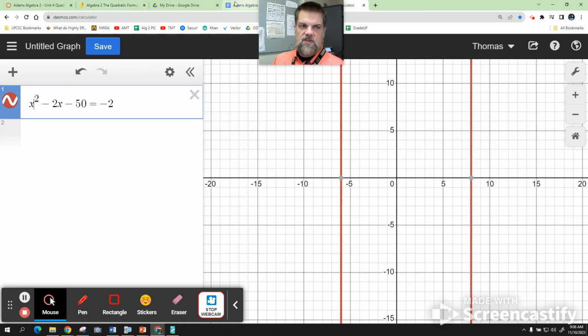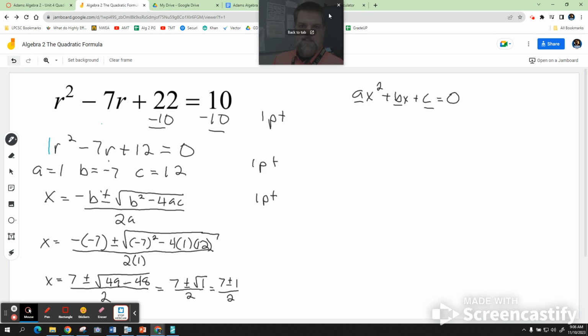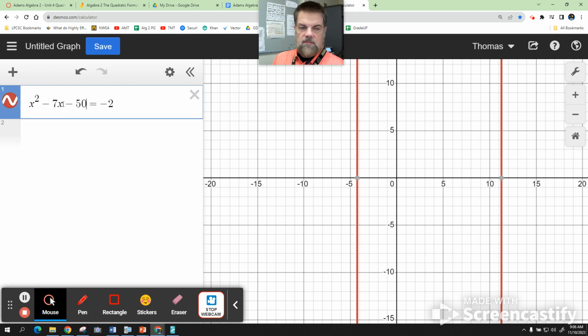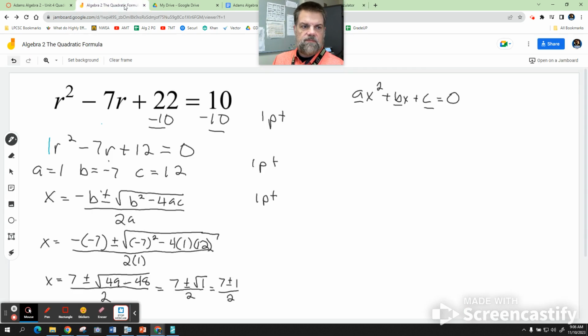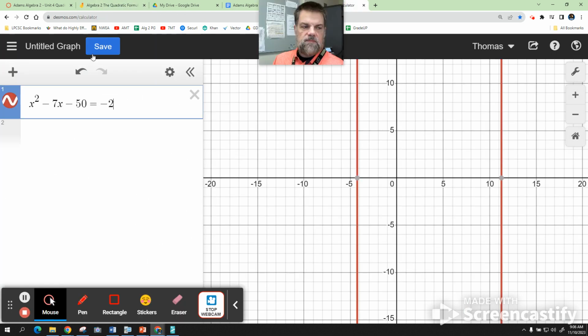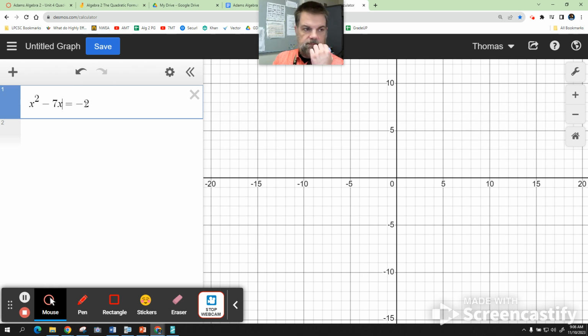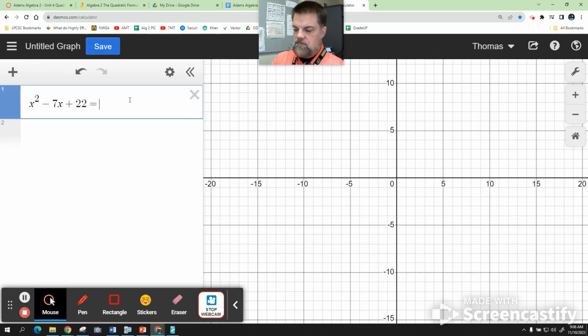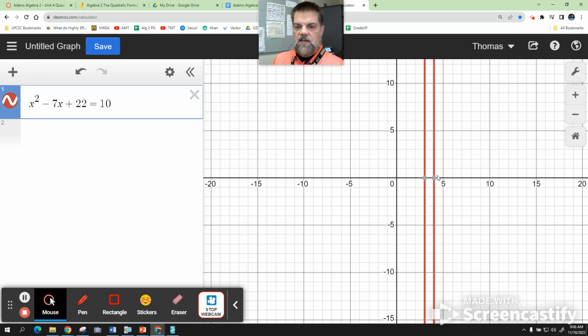So this becomes x squared minus 7x plus 22 equals 10, positive 10. Okay? And you could zoom in or out, but as you can see, it does cross right there.